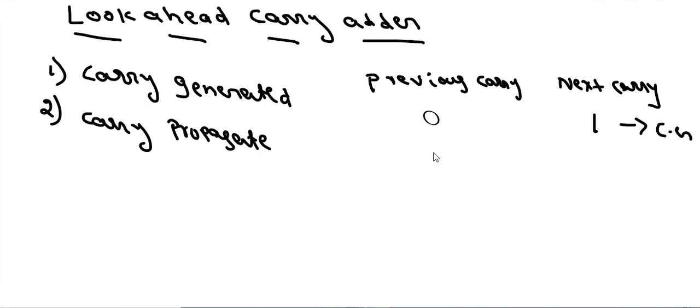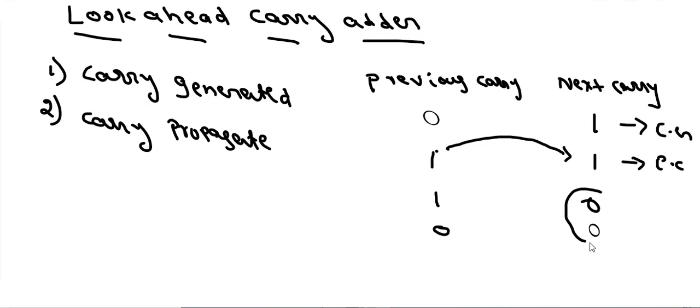If the previous carry is 1 and the next carry is also 1, then we call this propagation of carry. The previous carry is carried to the next also, it remains the same, so it is a propagated carry. If the previous carry is 1 and next carry is 0, or previous carry is 0 and next carry is 0, the next carry is nothing, so we usually do not take care of these conditions. We take the cases where the next carry becomes 1.